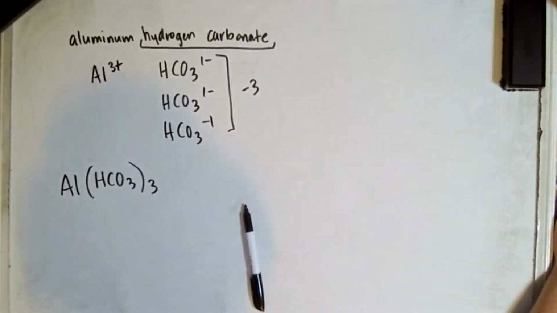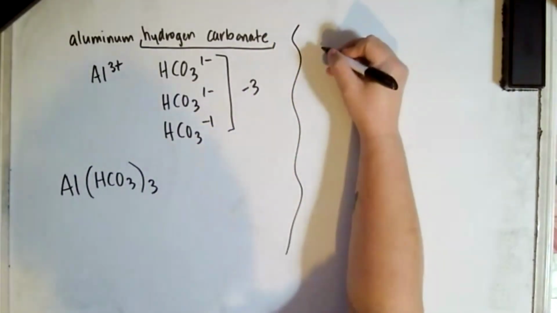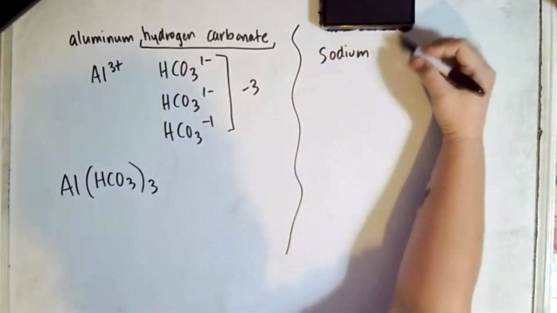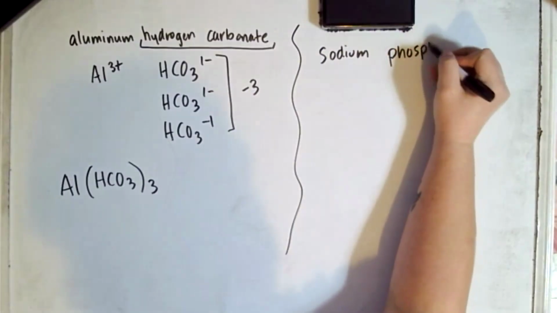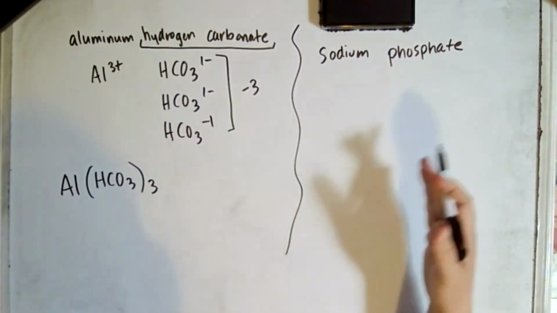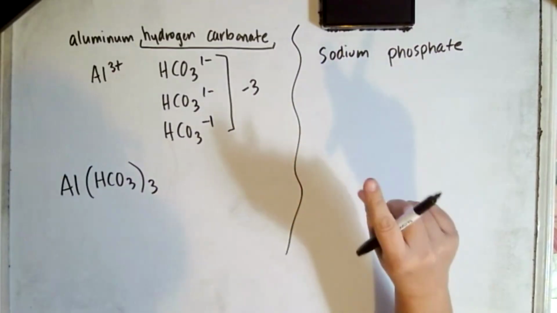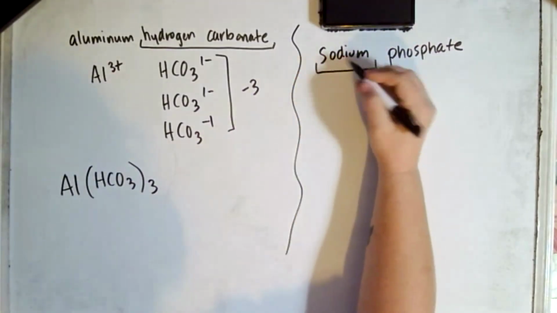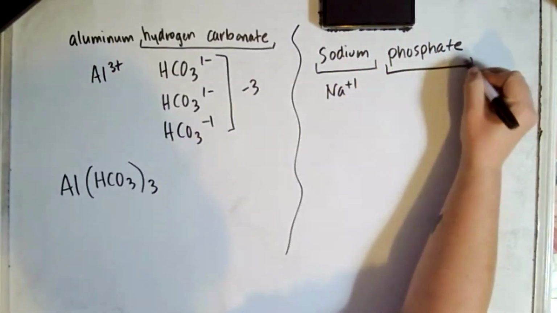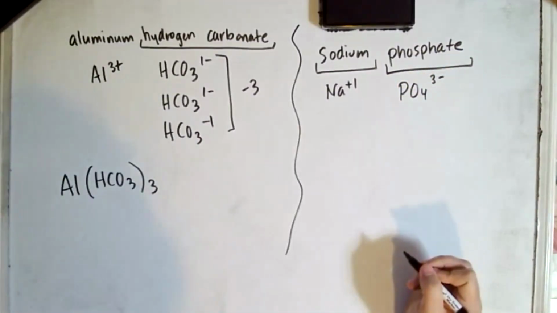Let's look at another example, sodium phosphate. Again, we look at each cation and anion and find the formula and the charge for each one. Sodium always has a +1 charge. Our phosphate ion is going to be PO4 with a -3 charge.